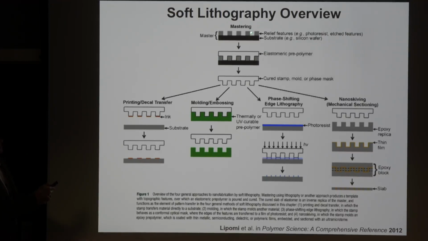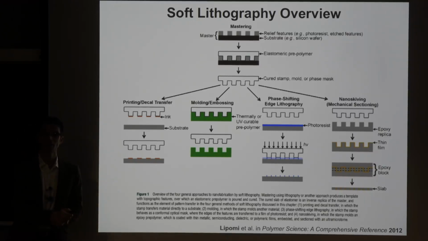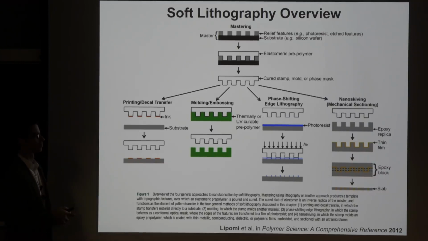So typically what's done is e-beam or photolithography on a silicon wafer, and maybe these are photoresist features, or maybe it's actually etched silicon, and this is a monolithic thing. Then you pour in an elastomeric prepolymer. Almost always this is polydimethylsiloxane, which is just normal silicone rubber, and then you cure it so it's a cross-linkable silicone rubber, and then you peel it out, and you can do a number of things with it.